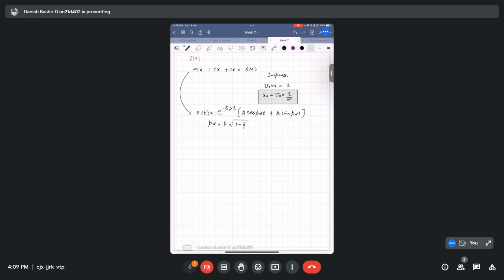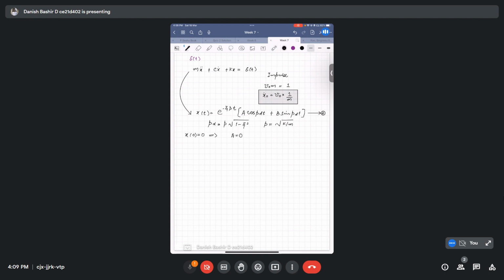Theta is the damping ratio and p is the natural frequency of the system, root of k by m. K is stiffness, m is mass of the system. So we are assuming this system to be at rest, x of 0 is equal to 0, which implies that if we substitute that in the above equation, we will get a is equal to 0. Okay, so this is equation 2.